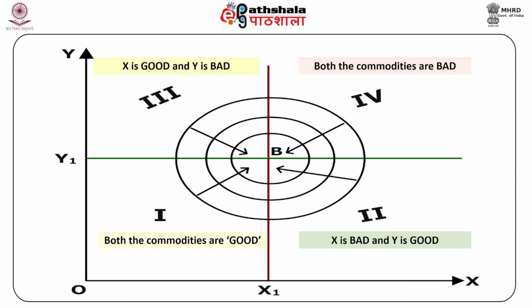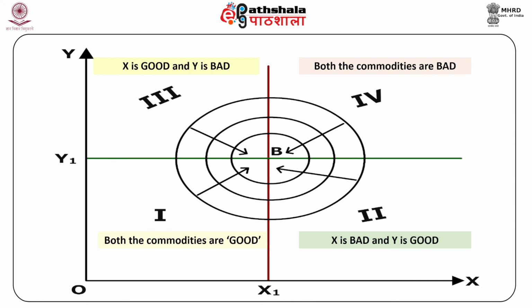Let us suppose that commodity X becomes bad as its consumption increases beyond X1 units, and commodity Y becomes bad beyond the quantity Y1. This case is represented in figure 16, where circular indifference curves are obtained.